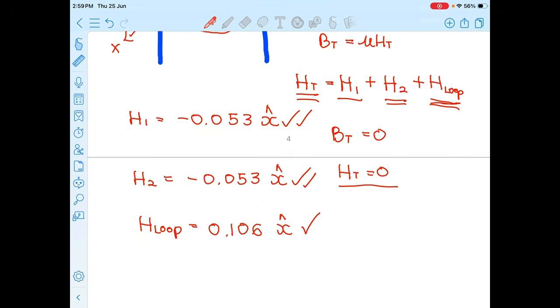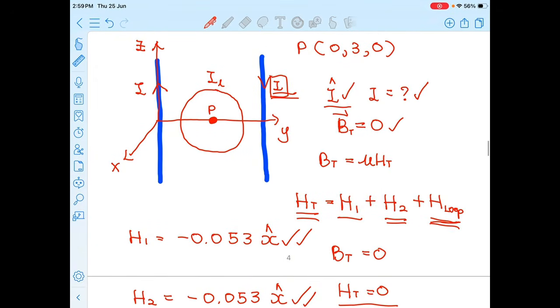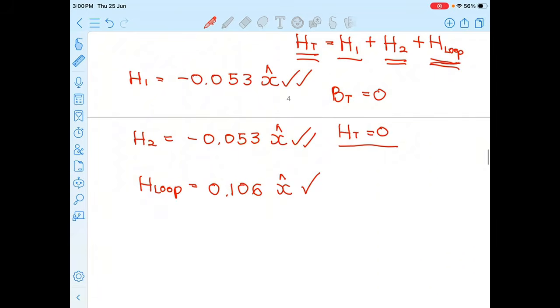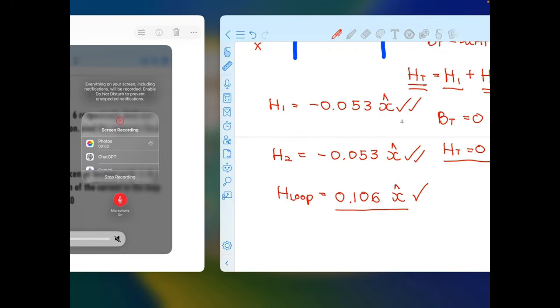So the question is asking what should be the direction of the current in the loop, and also what should be the value of it. So in order for me to get, H loop equals to this. If you remember, we talked about how to find the magnetic field from the circular loop in our tutorial sections.